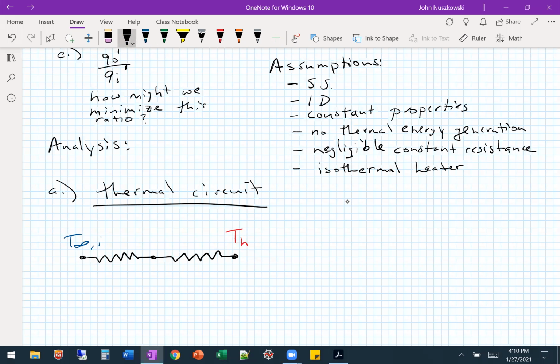And we have another resistance. So actually, let's do this, this is resistance inner. This is our material B. Then we have A, and then our convection on the outside.